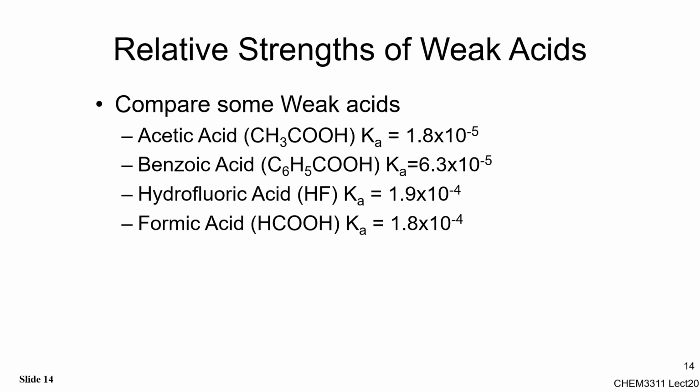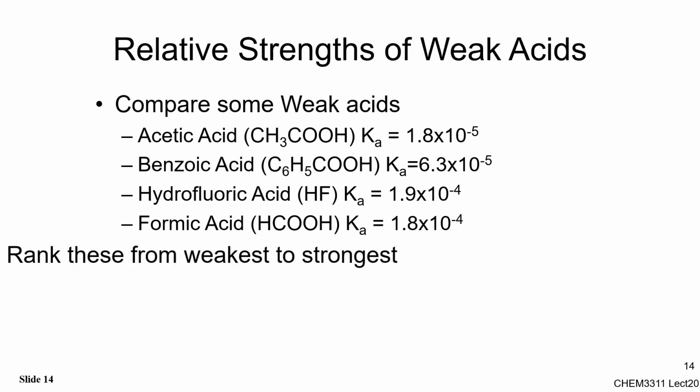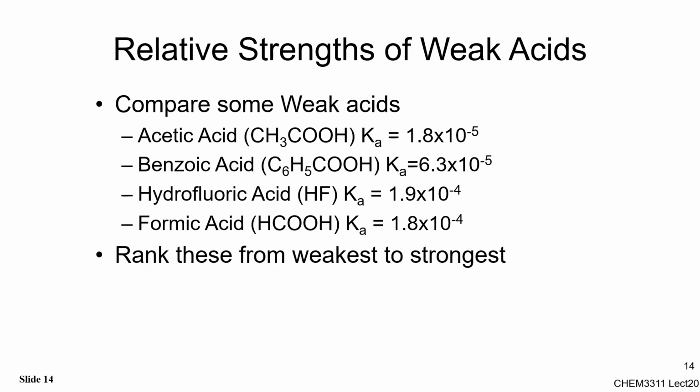If we want to determine which one of these acids is the strongest, we would have to look for the largest Ka. And if we were looking for the weakest, we would have to look for the smallest Ka. So if we were going to rank these, first of all, the largest in this entire group would be hydrofluoric.